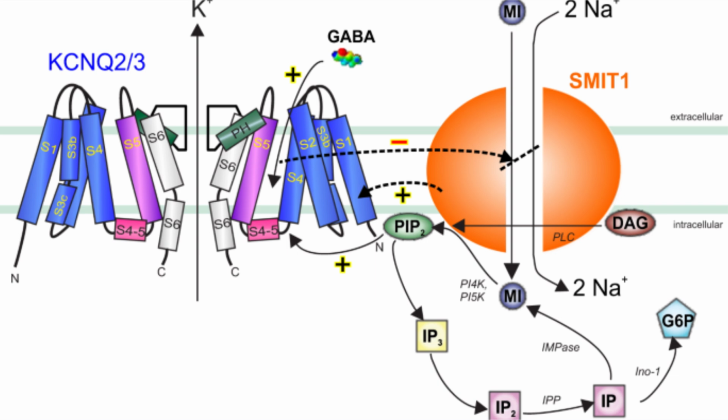And if KCNQ currents are suppressed, for example by neuromodulators like acetylcholine during attention, neurons become more responsive, and the same pairing could produce a larger postsynaptic depolarization and more calcium, thus favoring LTP.